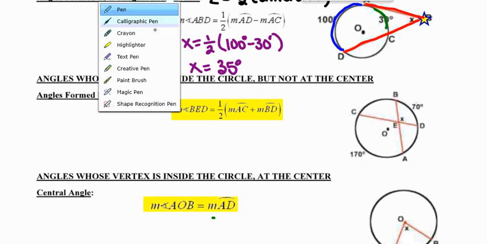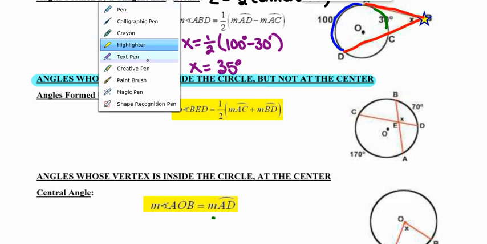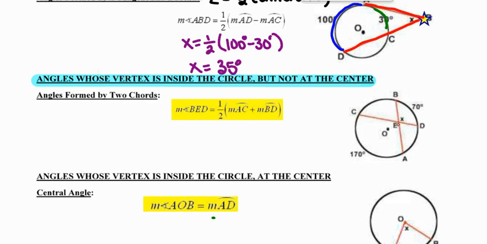All right, in the next scenario, let's see what happens when the vertex is inside the circle, but not at the center. So when I take a look here, notice that the vertex is inside the circle, but not at center O. If I think about the degree measures of the vertical angles that are formed there, I've got two angles that are equal in measure to each other.